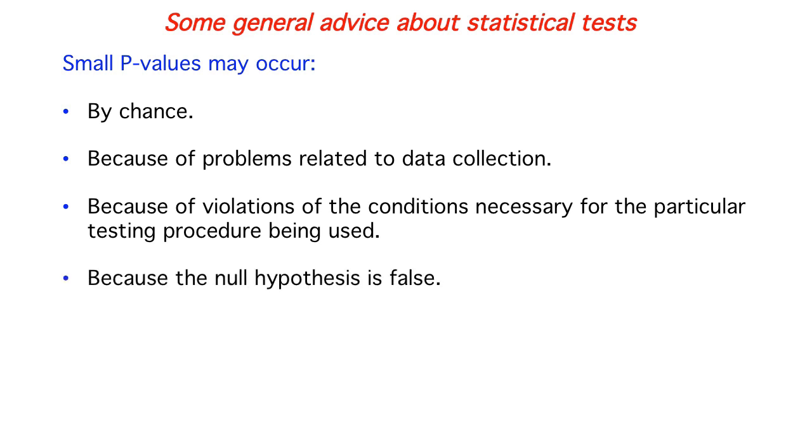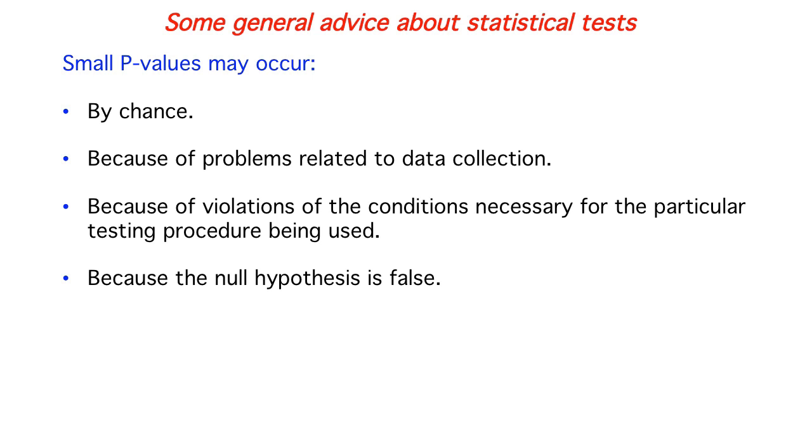Or they can happen because the null hypothesis is false. Typically, with a small p-value, we conclude that the null hypothesis is false, but we need to be careful that none of these other reasons are why we got a small p-value. When dealing with data, there is always variability and associated uncertainty, and it is important to understand both the strengths and limitations of statistical procedures.